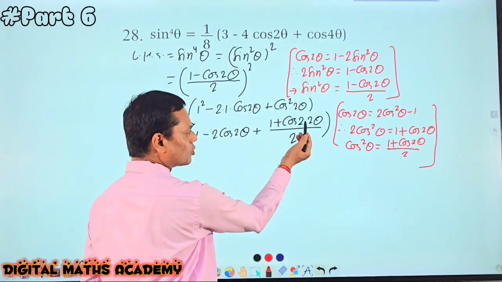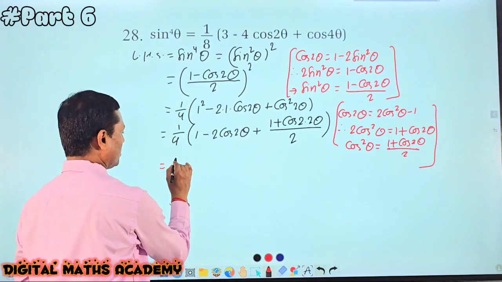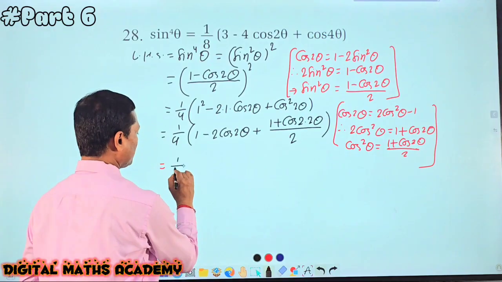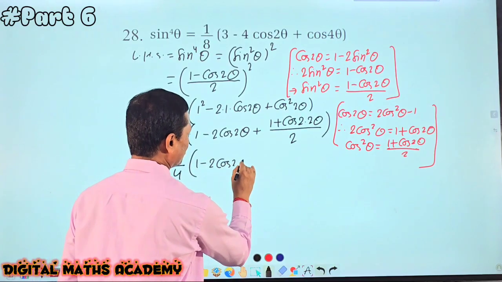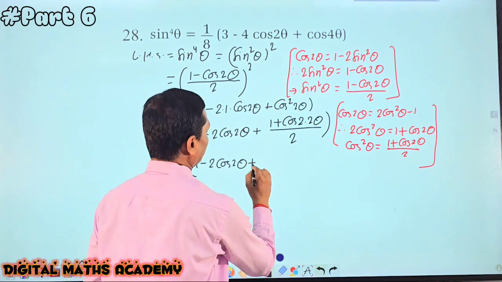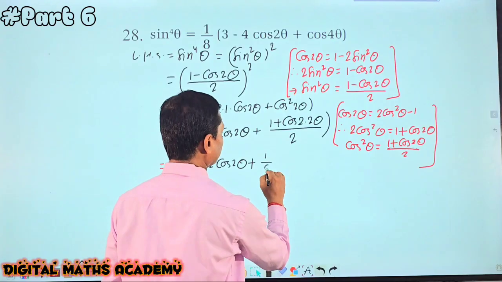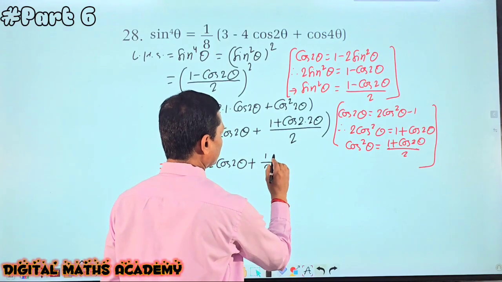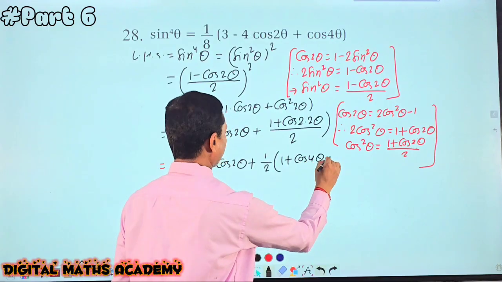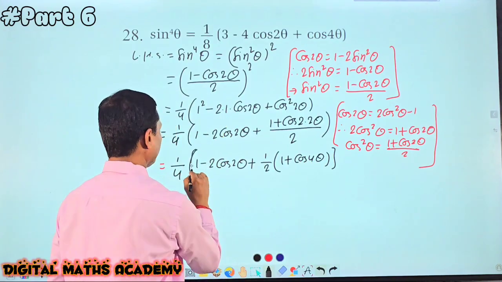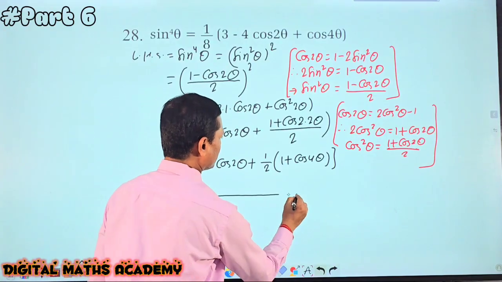So here we have 2 theta, so double of 2 theta is 2 times 2 theta, that is 4 theta. In the next step we write 1 by 4, (1 minus 2 cos 2 theta plus 1 by 2, right, 1 by 2 times (1 plus cos 4 theta)). Now 1 by 4 we have here. Let's take 2 as the LCM, isn't it?